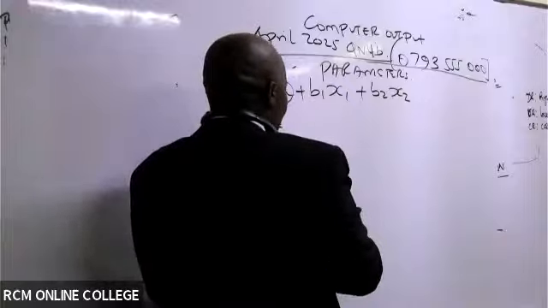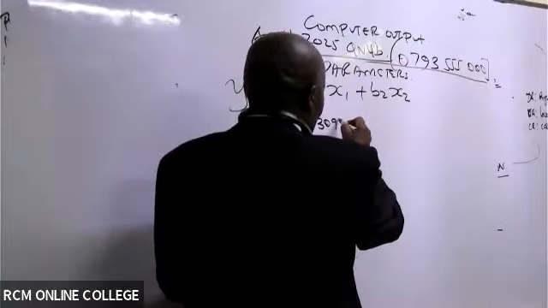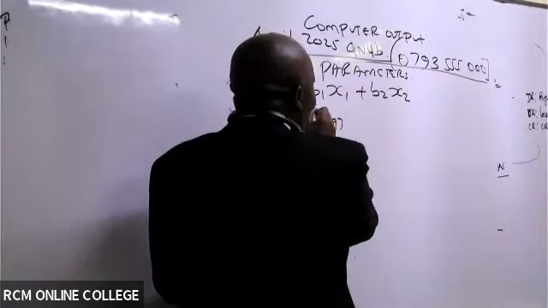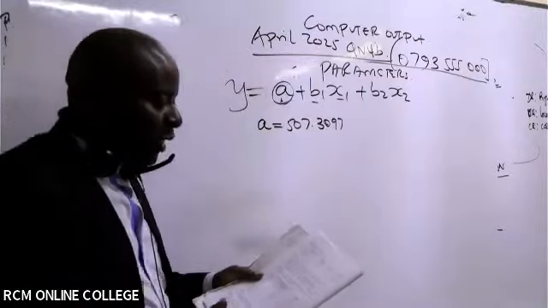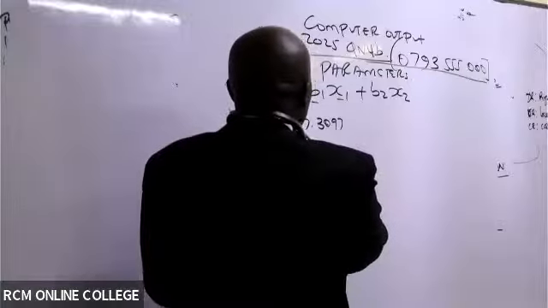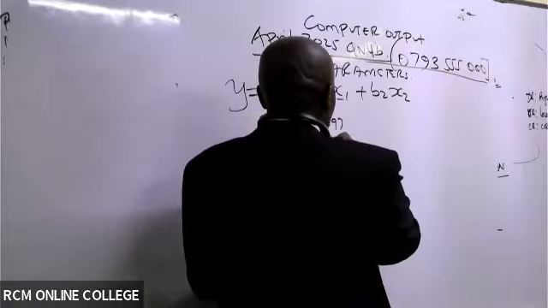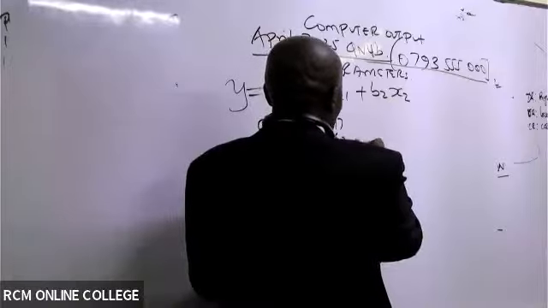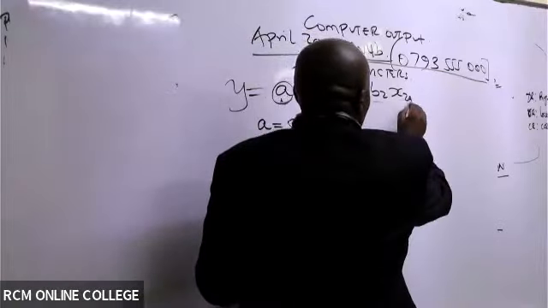For the intercept A, they're giving us 507.3097. And then we have the coefficient of x1, the number that comes before x1. You can see coefficient of x1, that is b1, which is what here, somebody? 7.835162. And then we have b2, which will be the number that comes before x2.